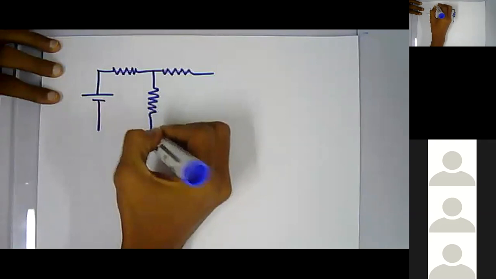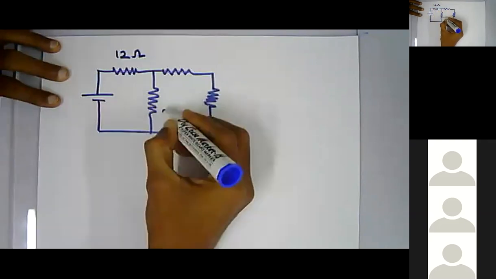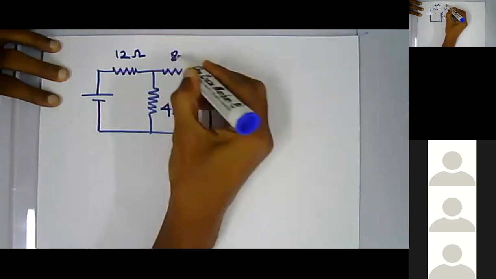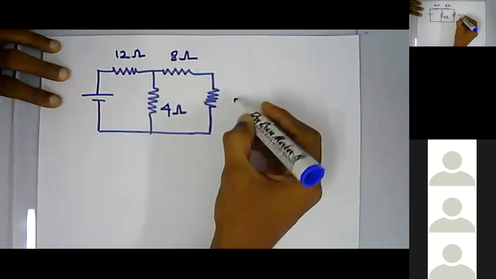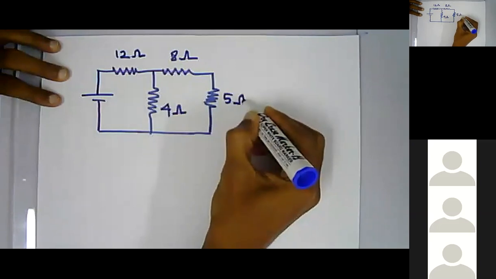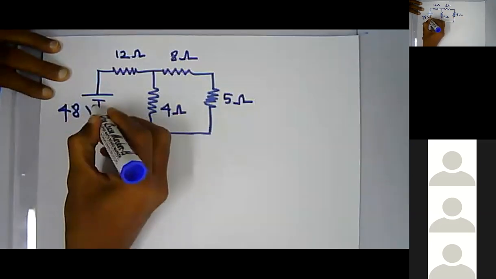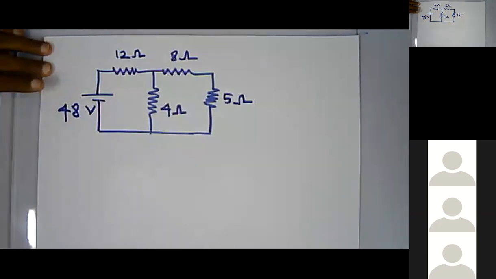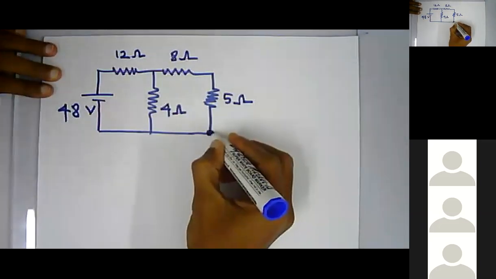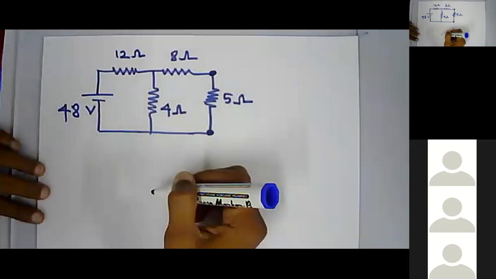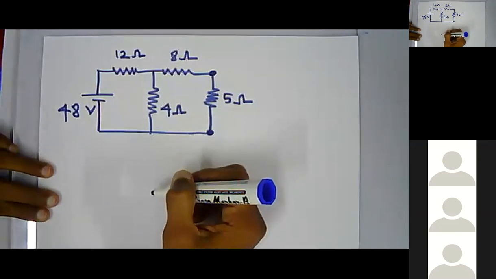So this is 12 ohm, this is 4 ohm, this is 8 ohm, and this is 5 ohm, with a battery of 48 voltage. Now the question is: calculate the current through the 5 ohm resistor using Thevenin's theorem.